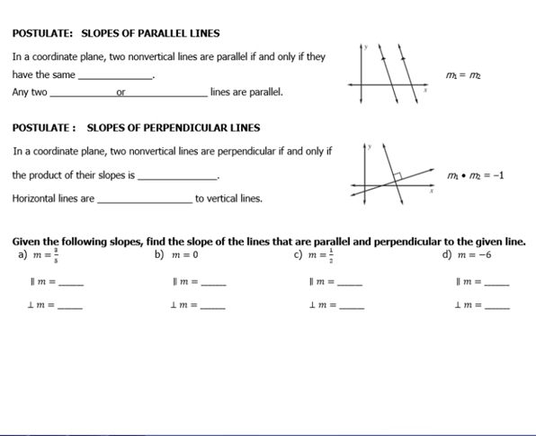So, moving on, we have a little postulate here about the slopes of parallel lines. In a coordinate plane, two non-vertical lines are parallel if and only if they have the same slope. Why two non-vertical? Because if you recall, vertical lines have undefined slope.